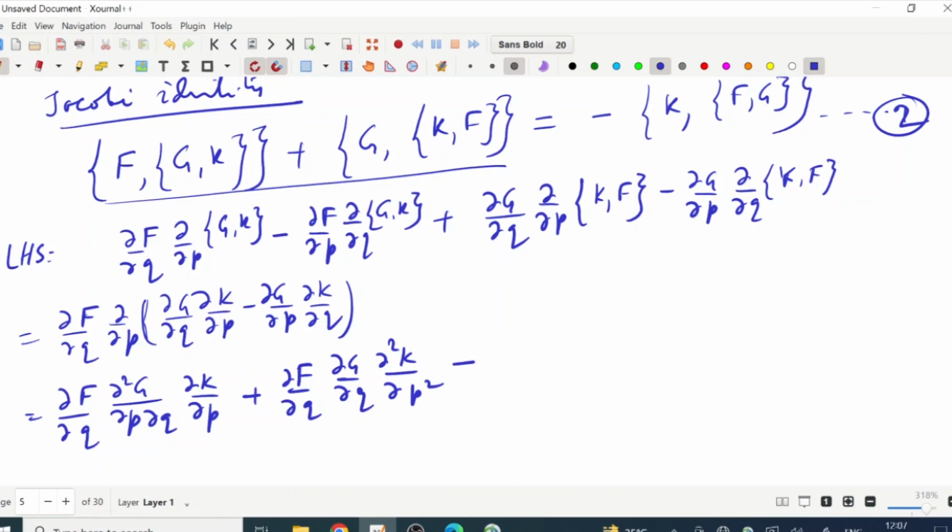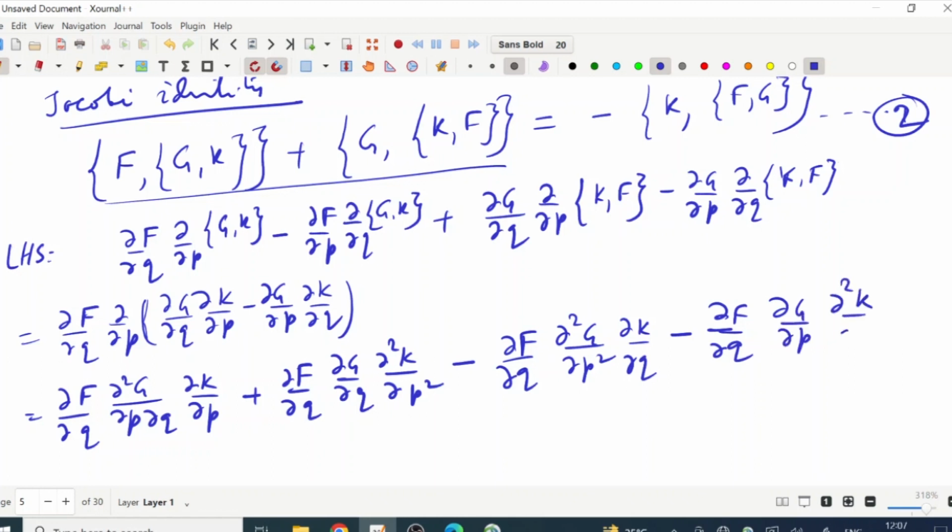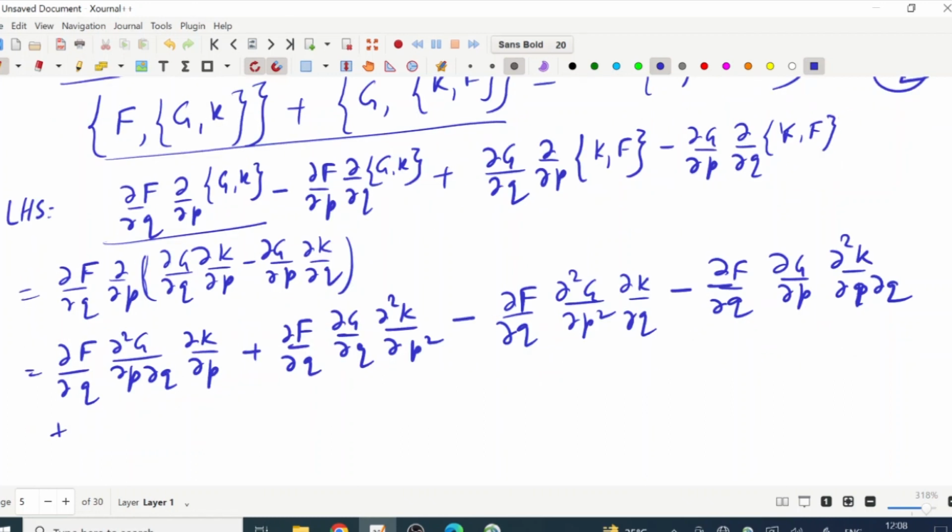Then 2 terms from the second part: del F del Q and del 2 G del P square and del K del Q, minus del F del Q and del G del P del 2 K del P del Q. So, these are the 4 terms coming out of this first term, and you will get 16 terms in total. I suggest that you collect all these 16 terms and then there will be cancellation.